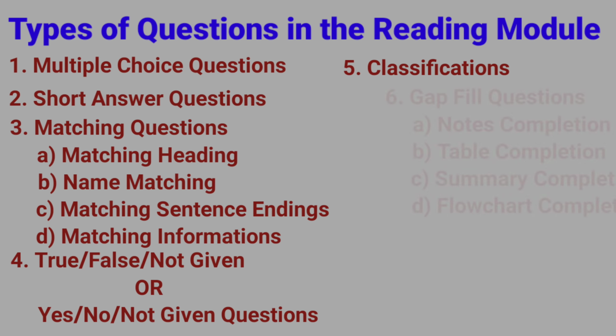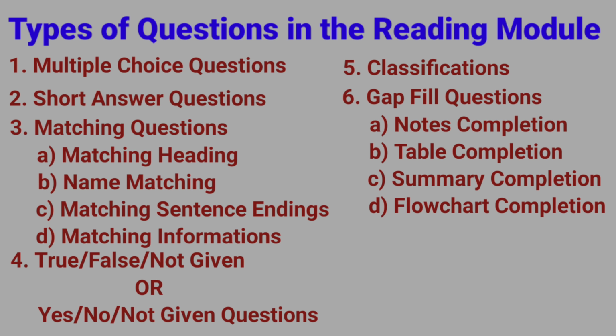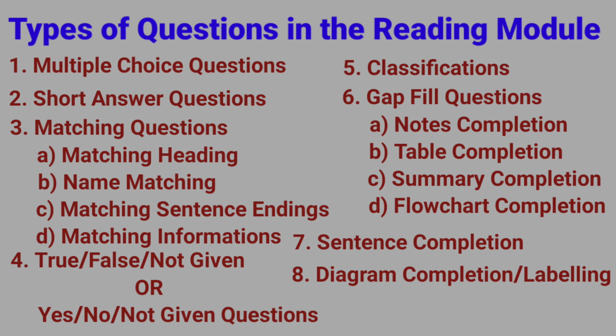Then classification, and gap fill questions like note completion, table completion, summary completion, flowchart completion, sentence completion, diagram completion or labeling. These are the different types of questions in the IELTS reading module.